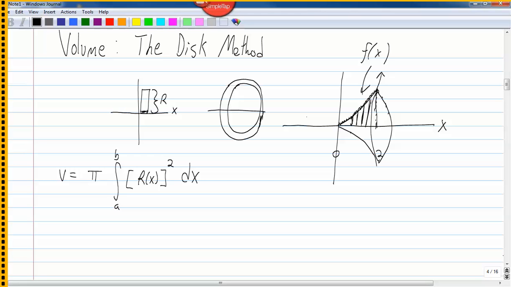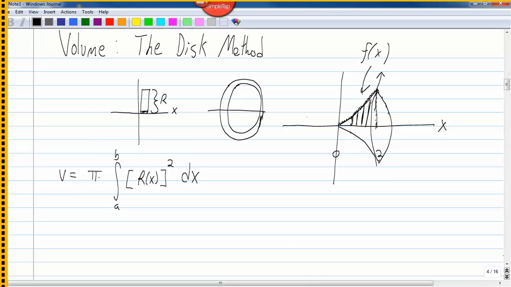Now all the figures, the first figure we looked at, the big disk, and this figure here, are all solid figures. When we have a solid figure, we can use something called the disk method. It will sum up an infinite number of disks by using this formula here.